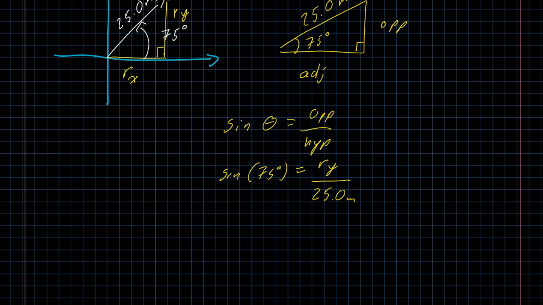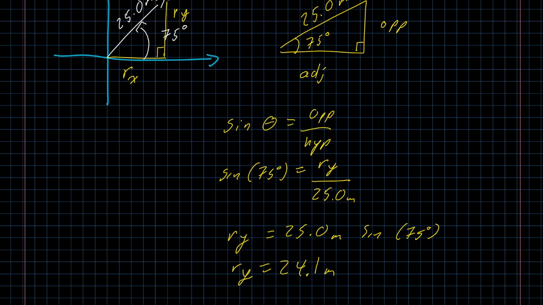I can rearrange this and get that r_y is 25.0 meters times the sine of 75 degrees. My calculator is very happy to tell me that 25 times the sine of 75 is 24.148, etc. I guess I have 3 significant digits, so I'll call this 24.1 meters.